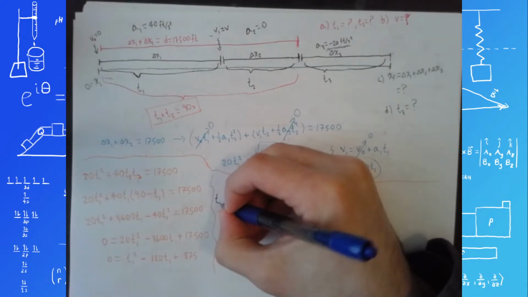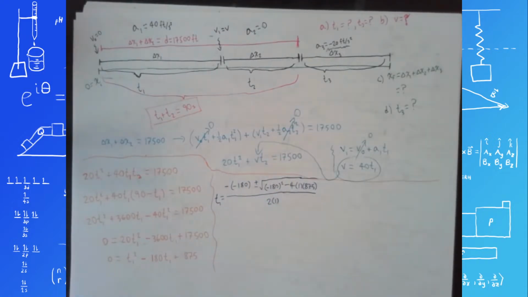So t1 equals negative 180 is positive 180. I'm going to start with plus square root 180 squared, and then minus 4 times 1 times 875, all over 2 times 1.